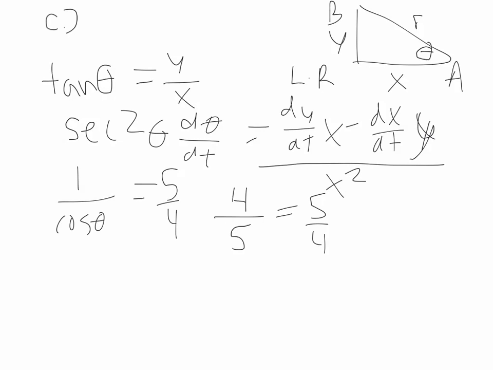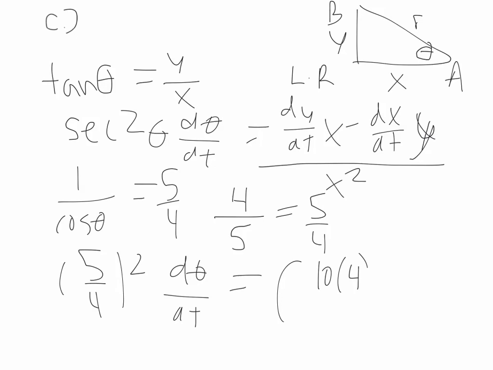5/4. So secant squared, 5 over 4 squared, d theta over dt equals, and then plug in all the values you have. Remember, dy over dt equals 10 times x, which equals 4, minus, remember, negative 15 because the distance is decreasing between Ship A and the Lighthouse Rock, times 3 for y, all over x squared, and x is 4, so 4 squared is 16.